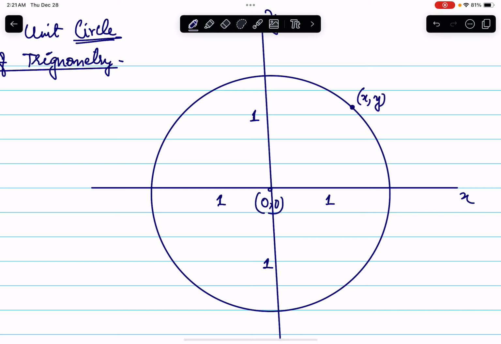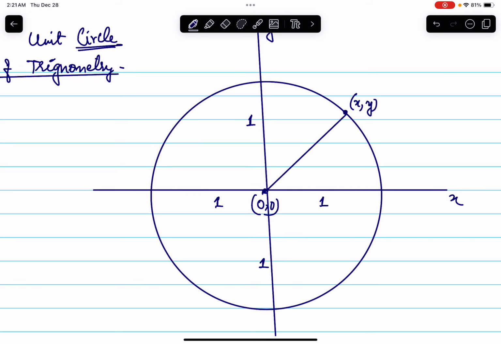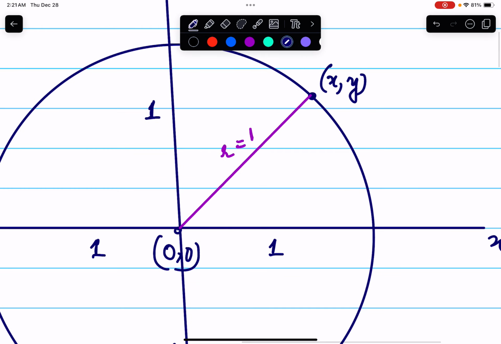Let's say this is point x comma y, and then I draw a line between the origin and x comma y. By definition, this line is like drawing a radius. So this is a radius r, which we know is 1, okay? And we can also see over here that this line makes an angle of theta degrees, okay?